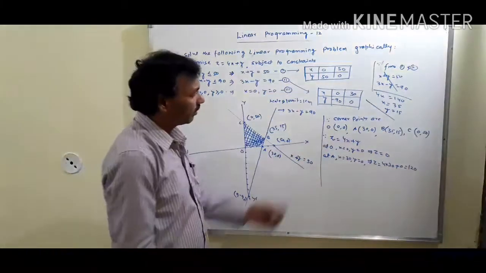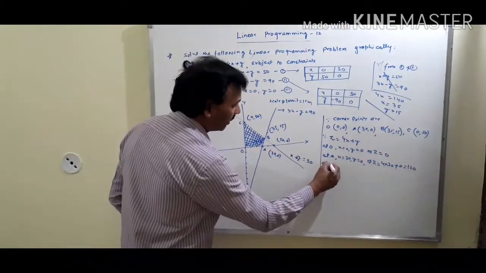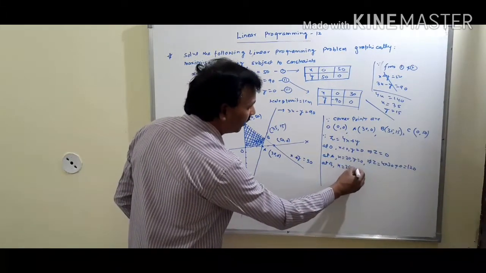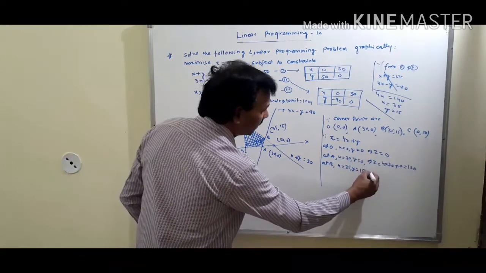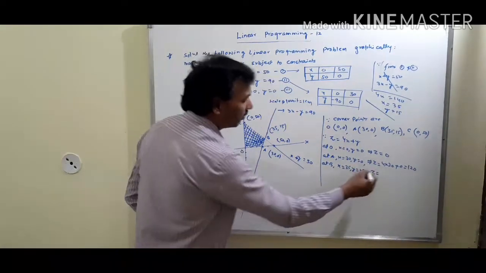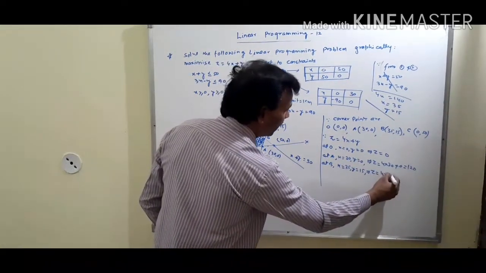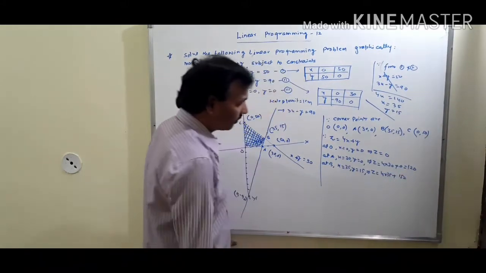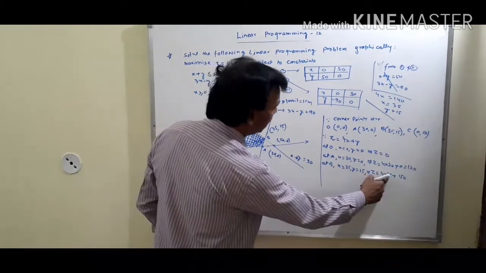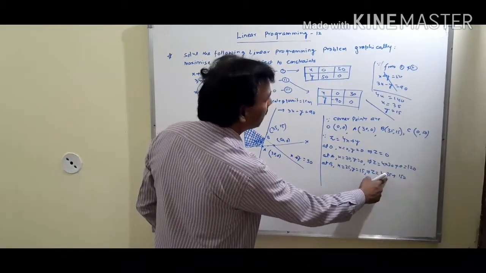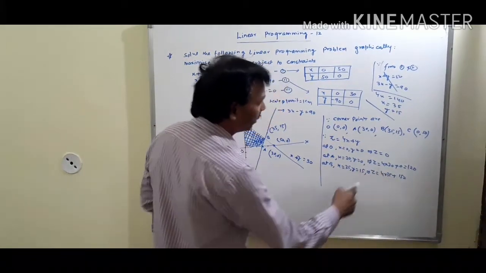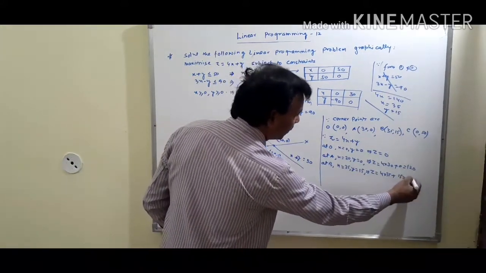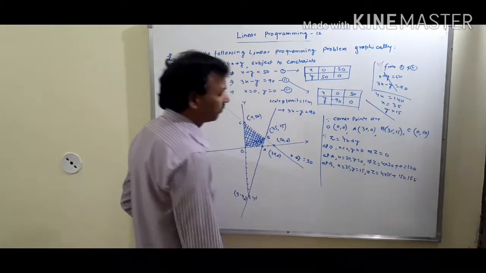At B, x equal to 35 and y equal to 15, then z is 4 into 35 plus 15, which is 140 plus 15, that is 155.